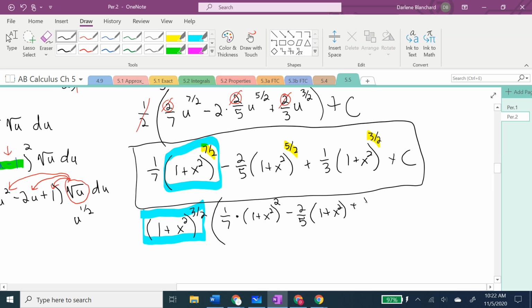And then I have plus 1/3. From there, I could simplify this polynomial in the parentheses. But from this point, I feel like you can cope with all of that. And I need to move on to another problem. I just wanted to show you that the textbook will sometimes simplify in that manner.